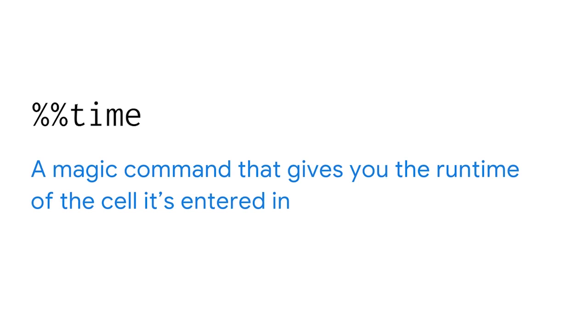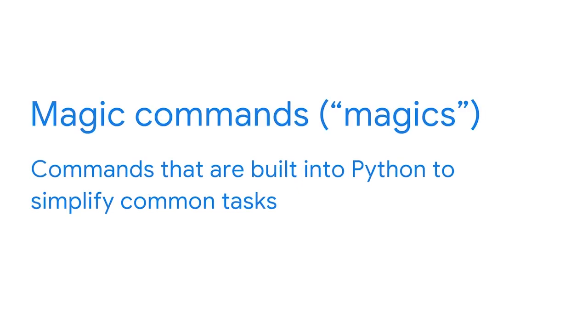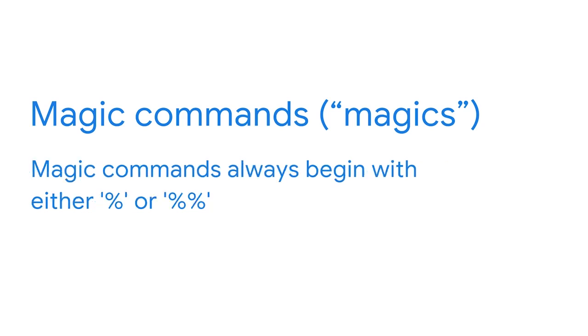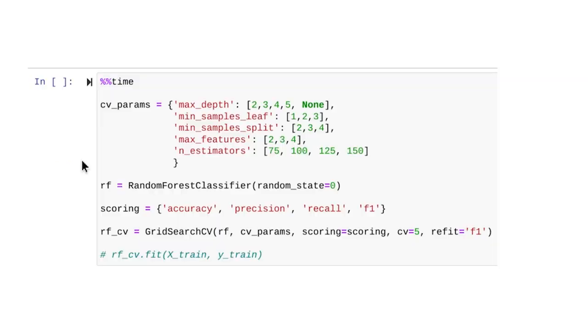It's useful to know how long it takes a model to train. You can get a cell's runtime by entering %%time at the top. This is called a magic command. Magic commands, often just called magics, are commands that are built into IPython to simplify common tasks. They always begin with either % or %%.